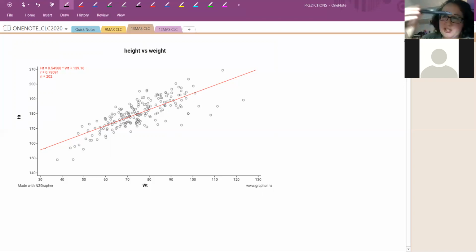And also, as you go very low, of course, you're going to be weighing 0 kg and be 0 tall, and even more, you're going to be negative, which makes no logical sense. It's impossible, right? So this is why we don't extrapolate, which is going outside of the data set.